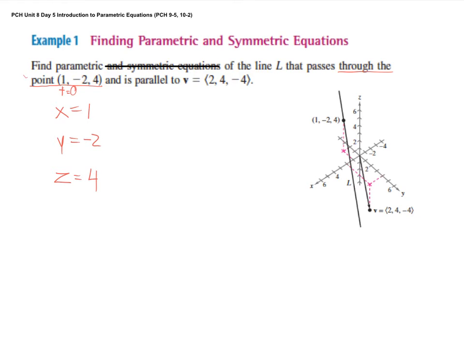And then my velocity is 2, 4, and negative 4. So I'm going to put a plus 2t, a plus 4t, and a minus 4t. And now I have my 3 parametric equations. That's all you've got to do. That gives us the equations that represent line L in this case.